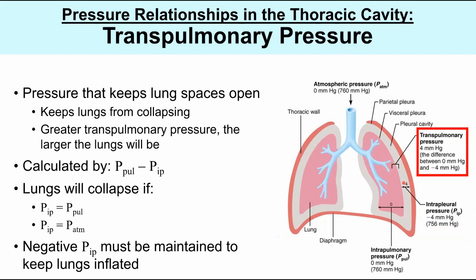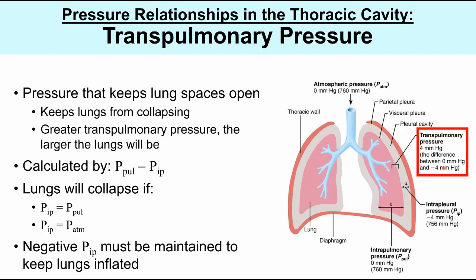One last pressure to talk about is the transpulmonary pressure. Essentially, that is the pressure across the pleura. What I'm talking about here is that if the pressure inside of the lungs is zero and the pressure inside of the intrapleural space is -4, then there is going to be a net of 4.